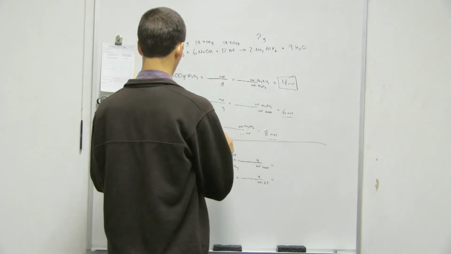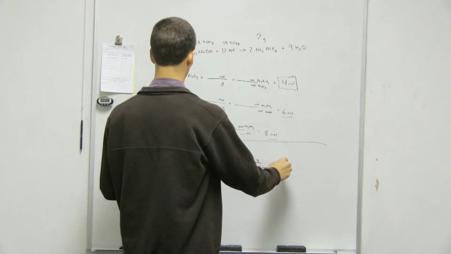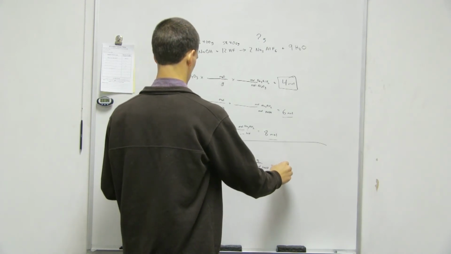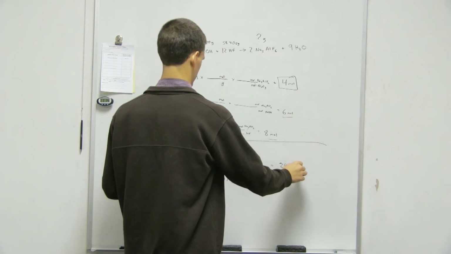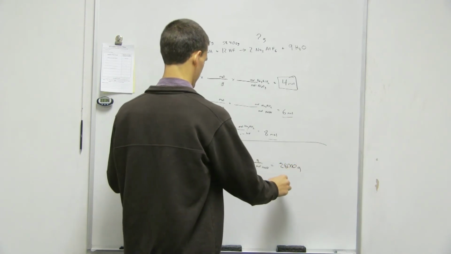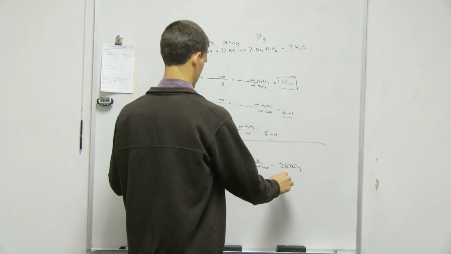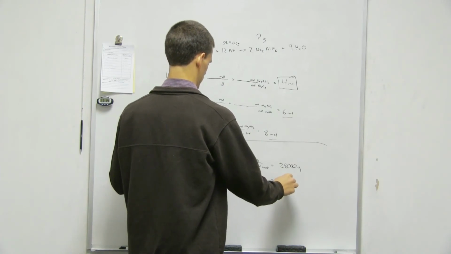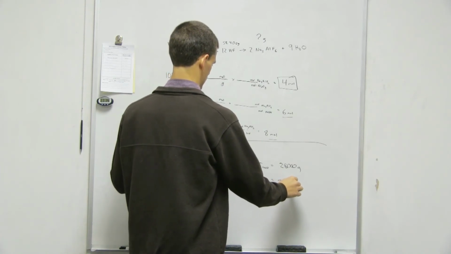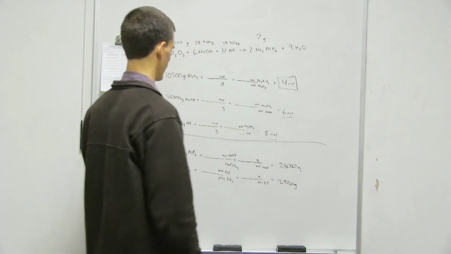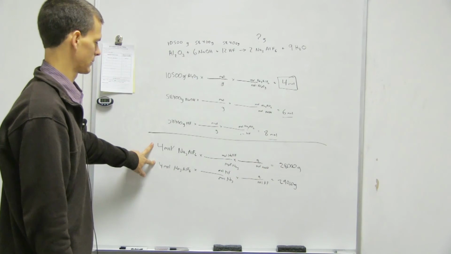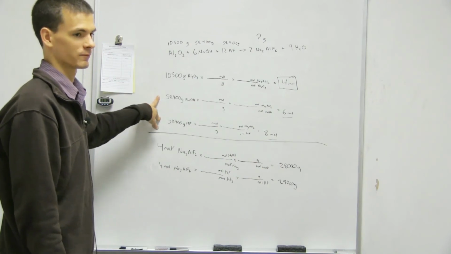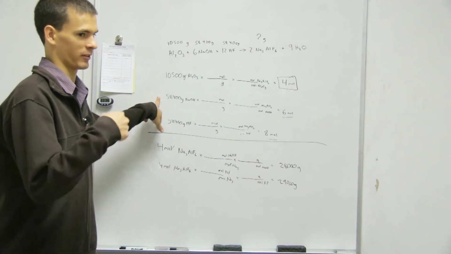So you'll find that this will equal somewhere in the neighborhood of like 280 grams, and this one would be somewhere around that same neighborhood, 290 grams. And so that's how much was used up to make your product. And then you have to subtract it from what you originally had, and that will give you what's left.